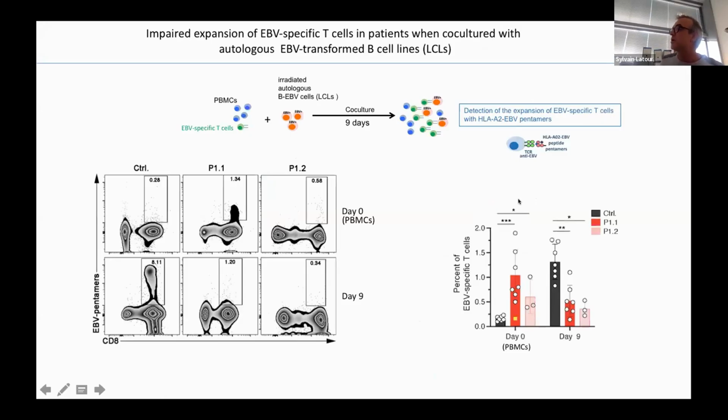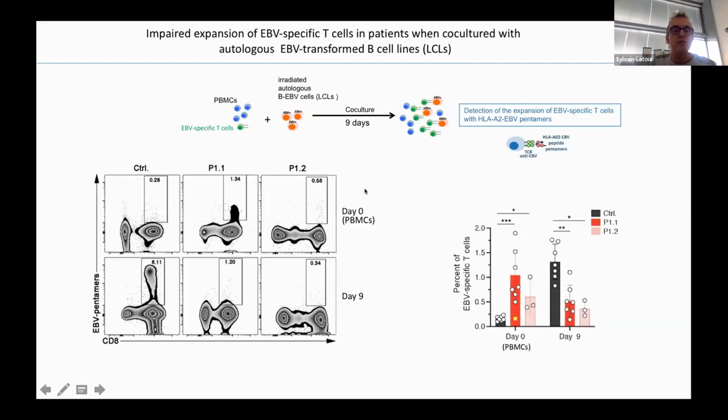When we look at the expansion of EBV-specific T cells in these patients, first we look at PBMC, the presence of EBV-specific T cells in the blood. We found that these patients have normal or increased numbers of EBV-specific T cells, as you can see here in these two patients.